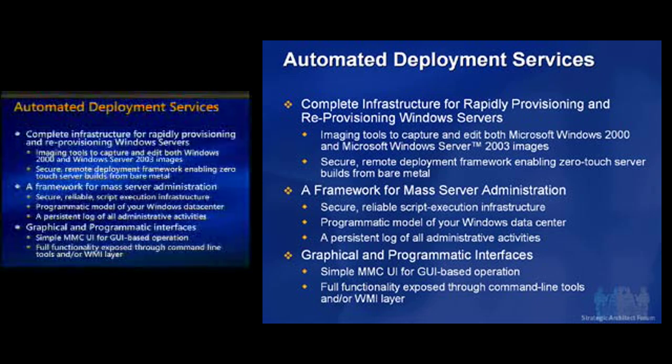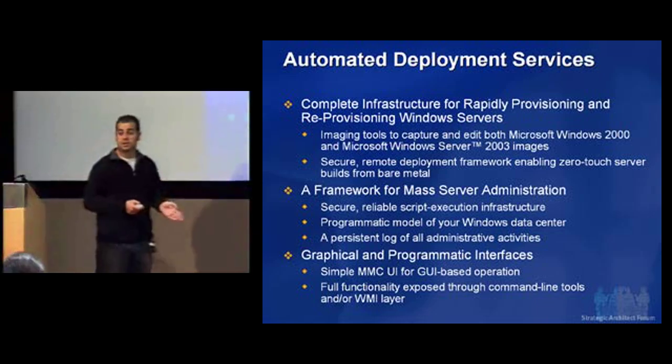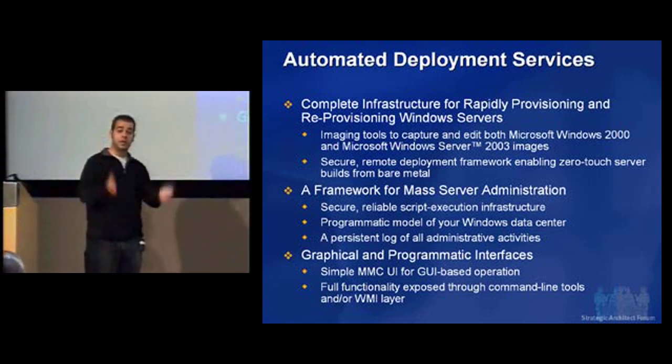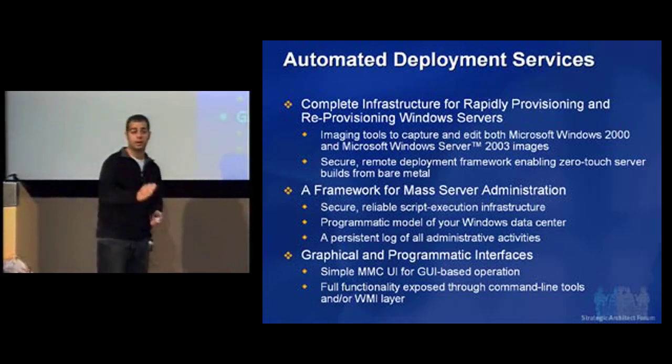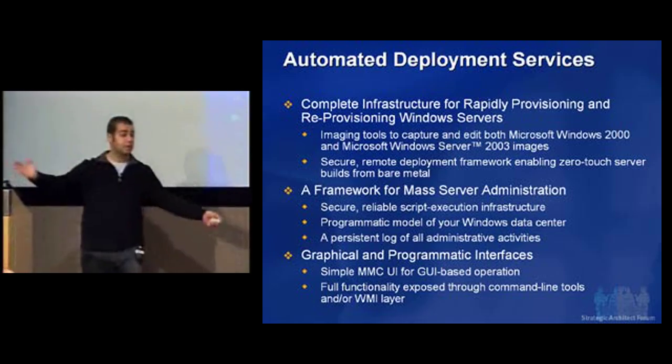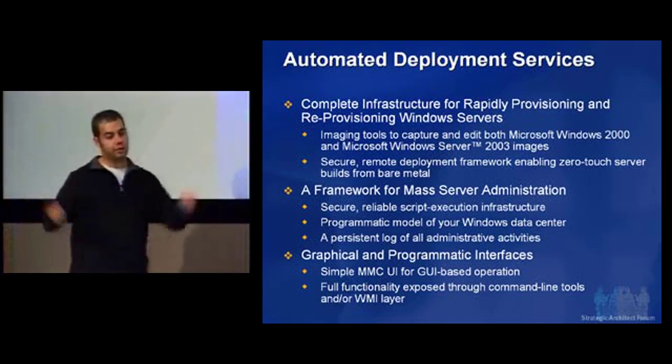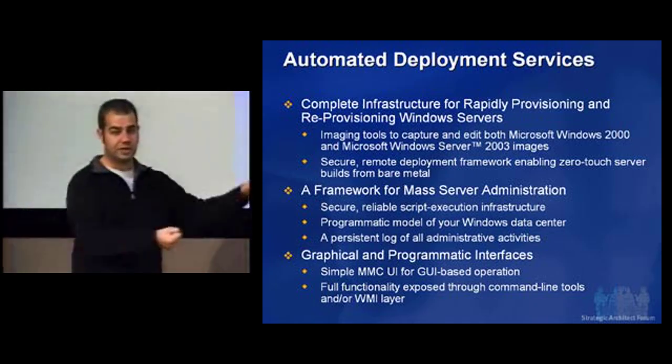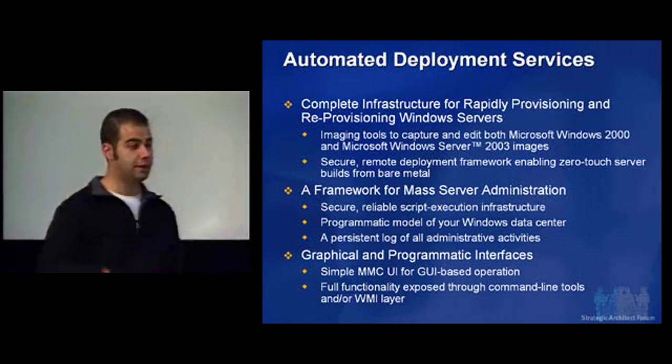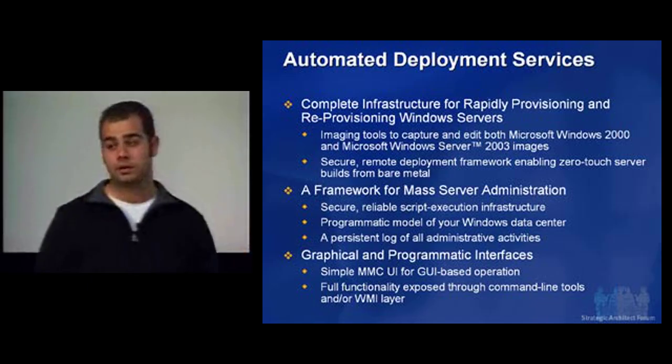Automated Deployment Services is the feature that we shipped in Windows 2003 that lets me take a bare box and deploy an image of Windows on it pretty quickly. It lets me multicast fan out to a set of machines. So the scenario is I roll in a rack with 500 machines, and I hit a button and automatically deploy an image of Windows to the 500 machines.